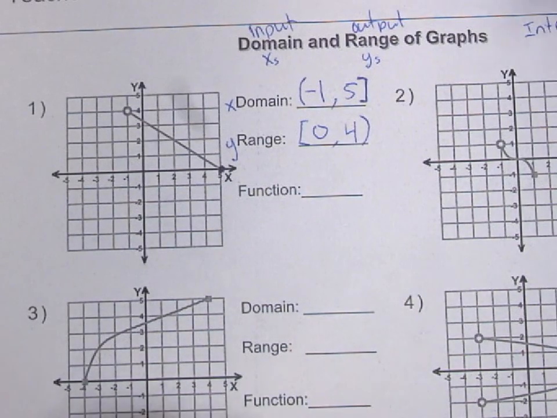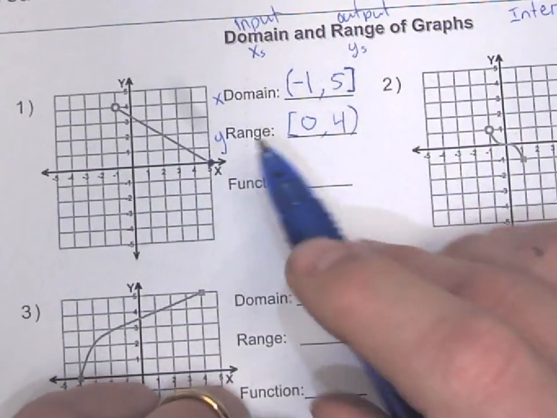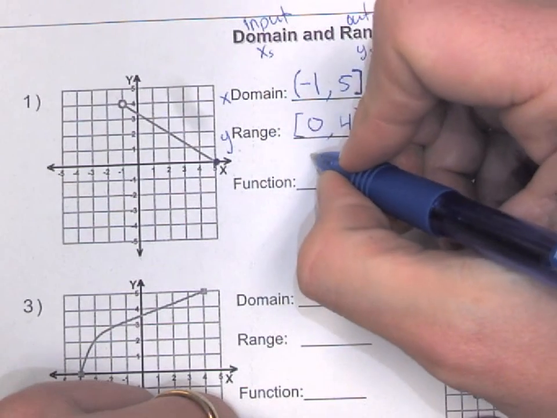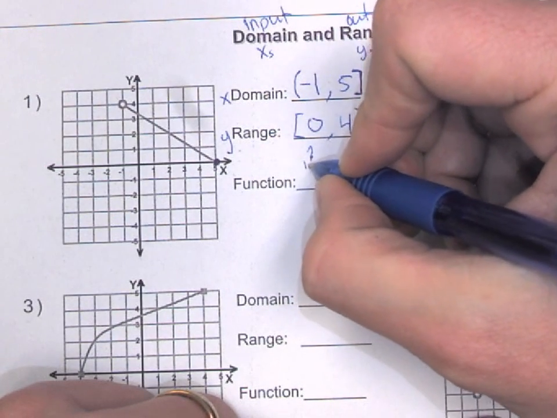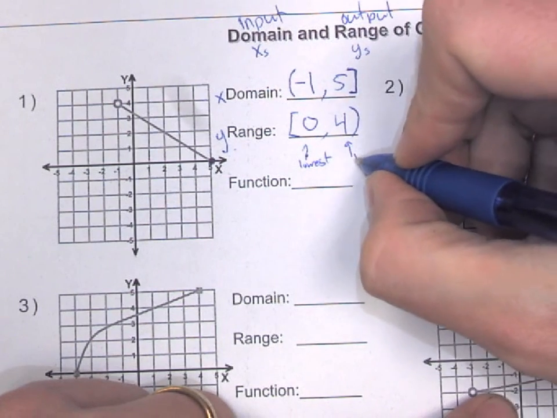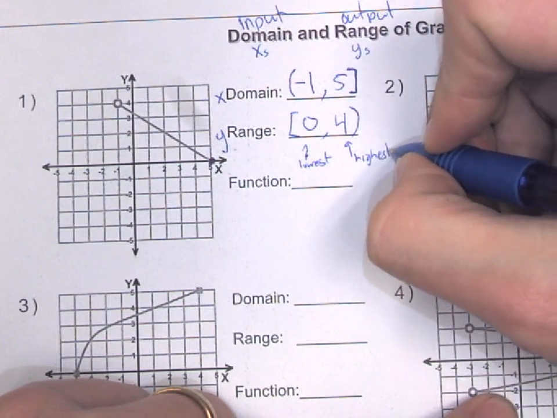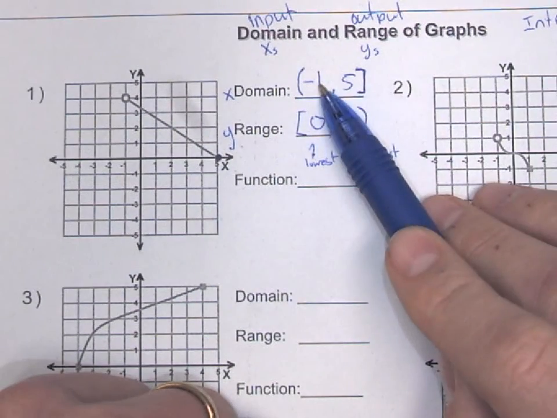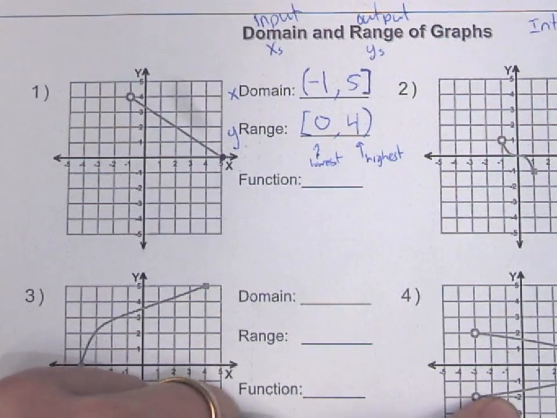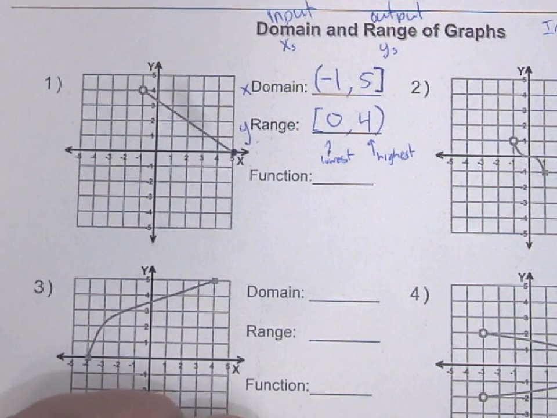So basically how you're going to do this is you're going to look at x's for the domain and y's for the range. You want the lowest value on the left, and you want the highest value on the right. So here's my lowest x, here's my lowest y, here's my highest x, here's my highest y. Then you have to figure out, do you include that endpoint or not?